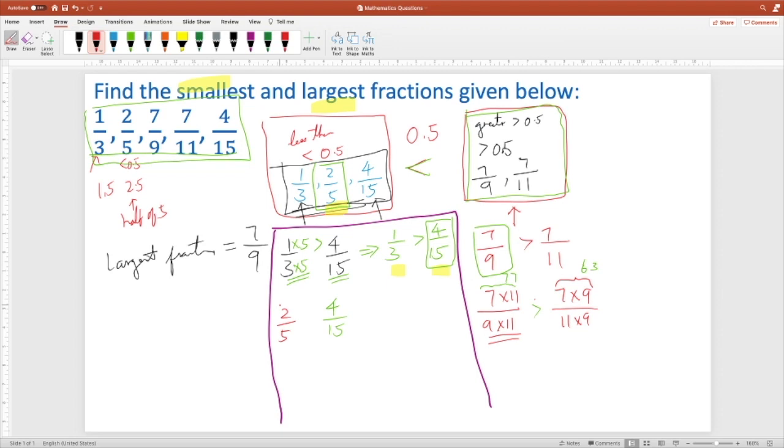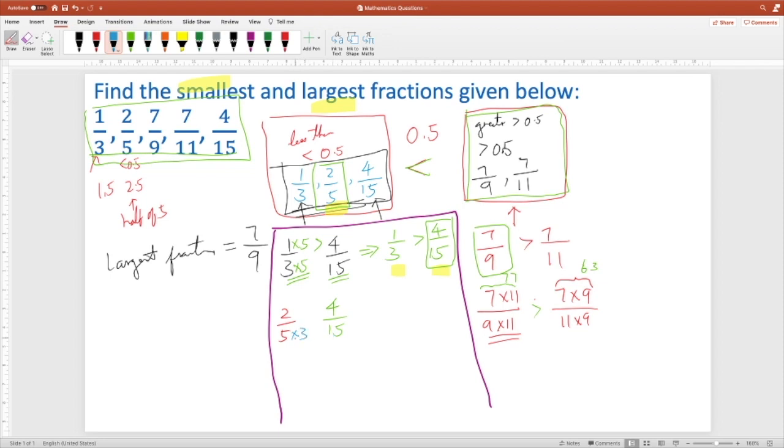So anyway, the last part, 2 over 5 compared with 4 over 15, we are going to find the common denominator. 15 is in the 5 times table, so the common denominator would be 15. So this one, we are going to times something to make it 15. 5 times what equals 15? 3.